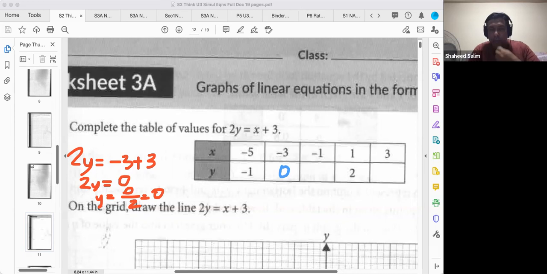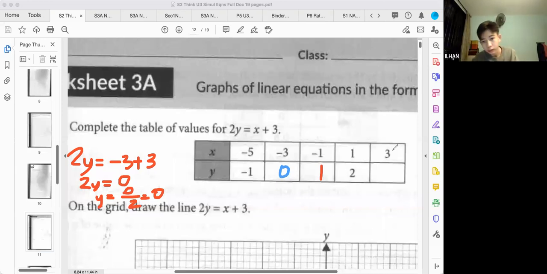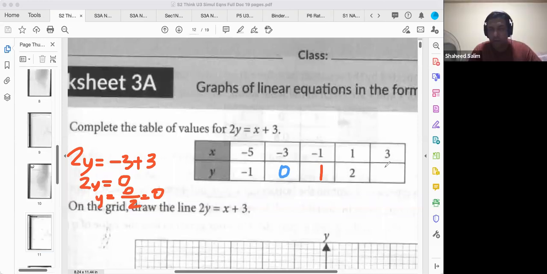So down here, equals to 1. Well done. Now you try for the last one, 3. The answer is 3 for me. 3, okay, good. So it's -1, 0, 1, 2, 3. Something like that. Let me just take this photo first.